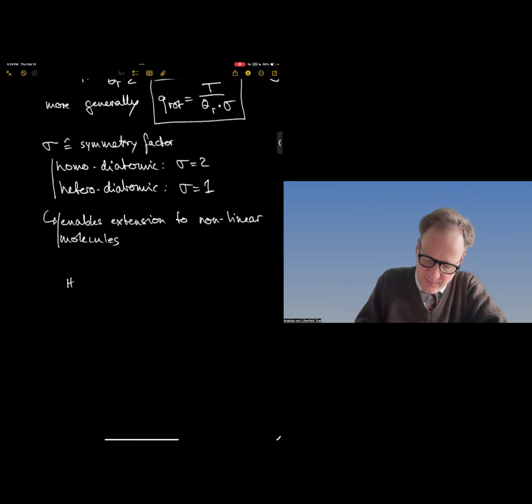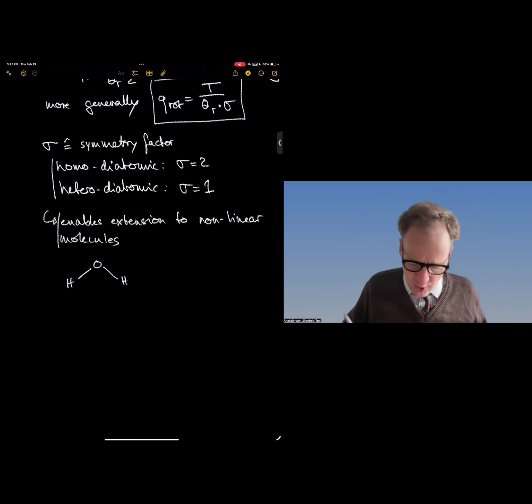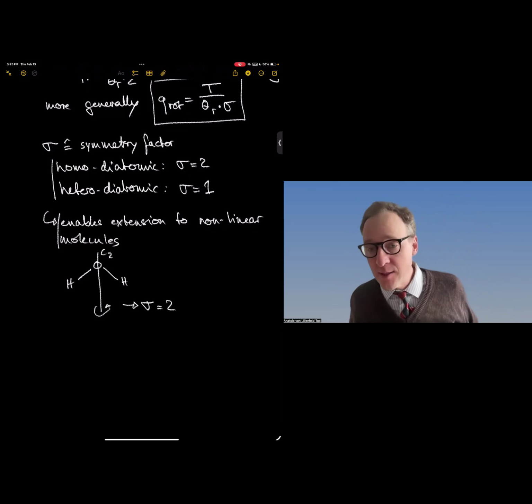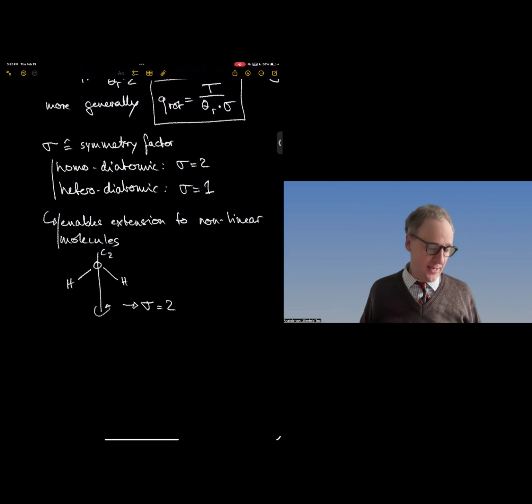For example, if you consider the planar molecule H2O, you know from symmetry there's a C2 axis, and this implies that your sigma would also equal 2, since you cannot distinguish the atoms anymore after such a rotation.